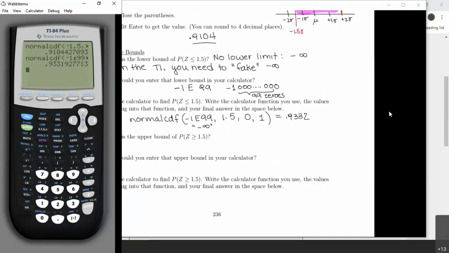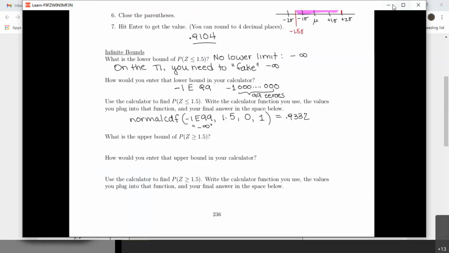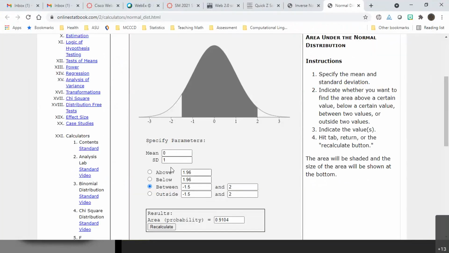Now, on the other online calculator, you don't have to fake out anything. All you have to do with this calculator is click below and put in 1.5. It shows you what it's talking about when you hit recalculate. Here's 1.5, and you want everything.